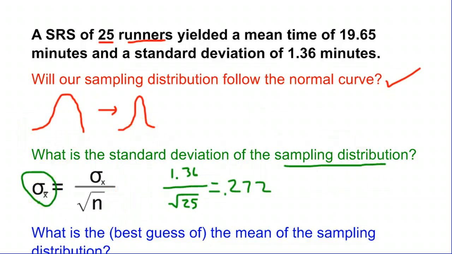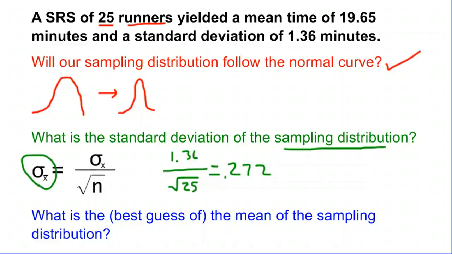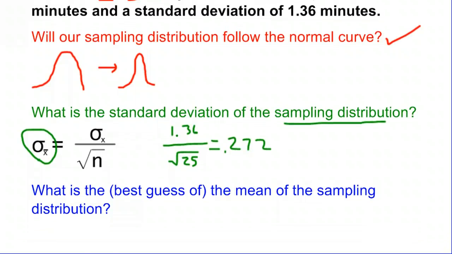And then our best guess of the mean of the sampling distribution, remember that the mean doesn't change just because we're taking samples. The estimate of the mean should always be the same. So 19.65 minutes. Exactly what we had in the original problem. And that is the central limit theorem in a very large nutshell.